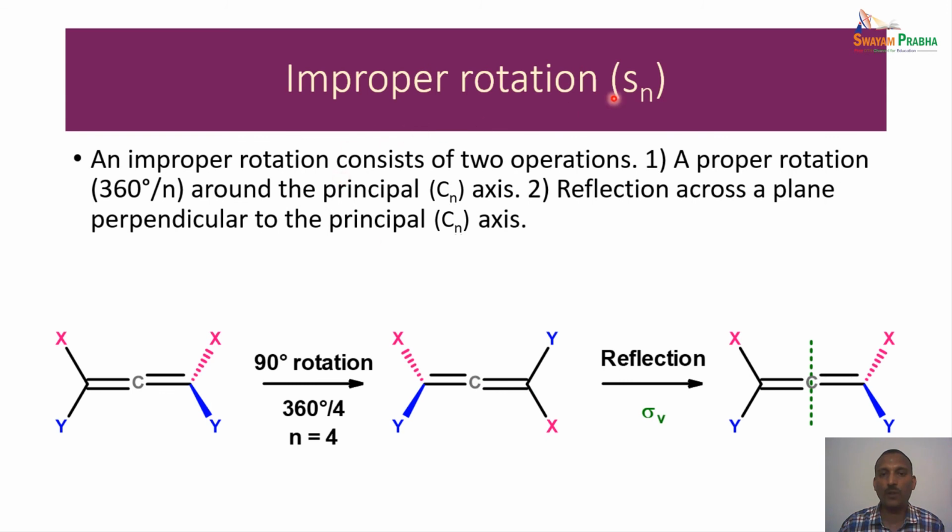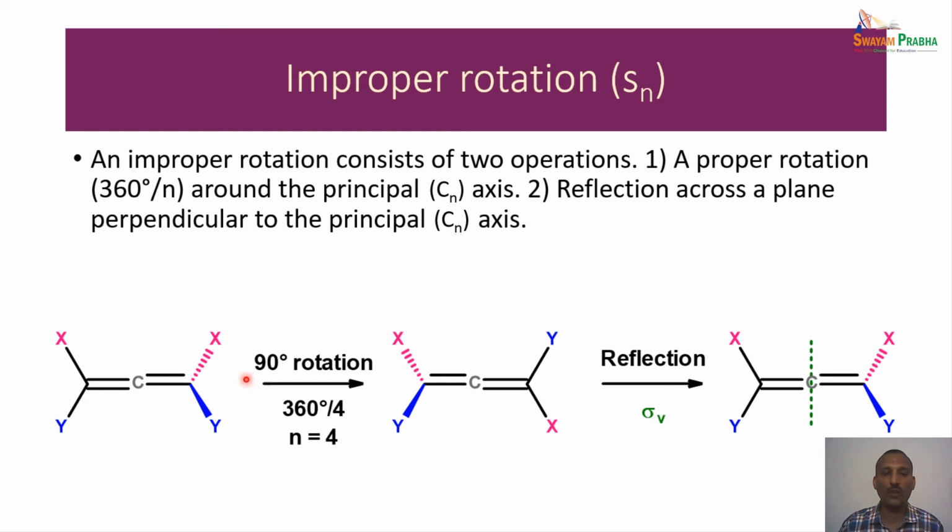The next one is improper rotation, and it is given as Sn. In this particular improper rotation, there are two operations involved. One is the proper rotation, that is 360 degrees by n around the principal axis, that is the Sn axis, followed by reflection across a plane perpendicular to the principal Sn axis. The example given here is the allene molecule.